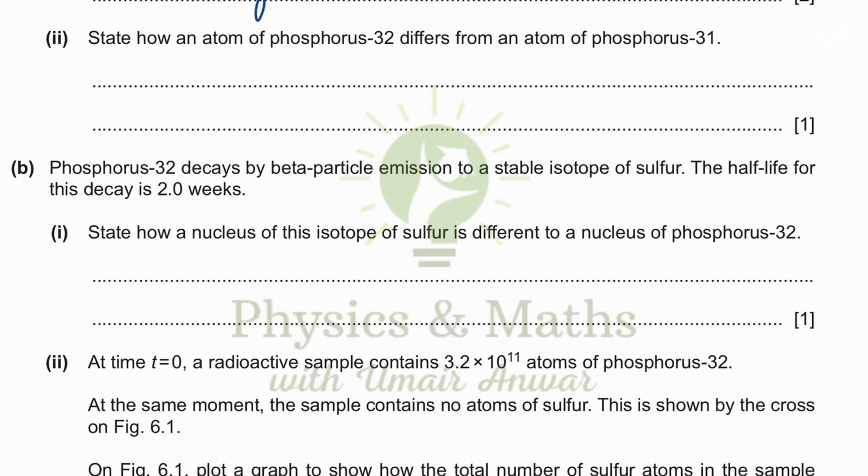State how an atom of phosphorus-32 differs from an atom of phosphorus-31.